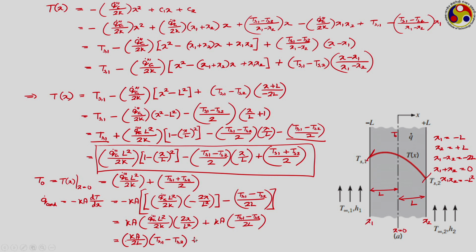For the first term, we can see that k and L square cancel out, the 2 also cancels out. So, we are left with Qg dot triple prime into A into x.